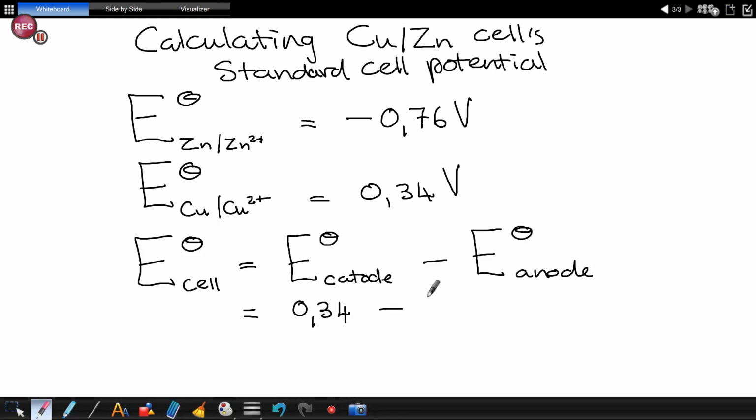Anode was zinc, minus 0.76. What would that give us? So it's 0.34 plus 0.76, which gives us 1.1 volts. Sorry for pushing this, but I wanted to bring it all together so that it might make sense in future. We'll go through it again, but with another example.